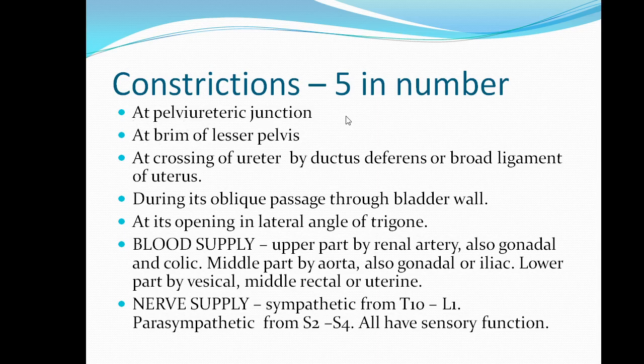The sites of constriction are: number one, at the pelvic ureteric junction; number two, at the brim of the lesser pelvis; number three, at crossing of the ureter by the ductus deferens or the broad ligament of the uterus.